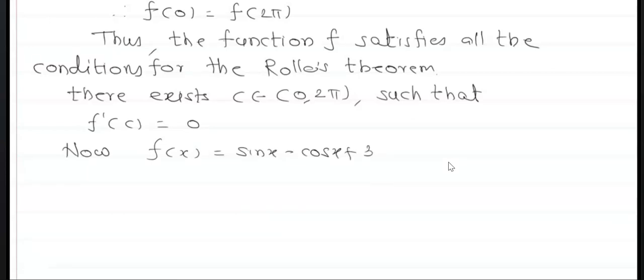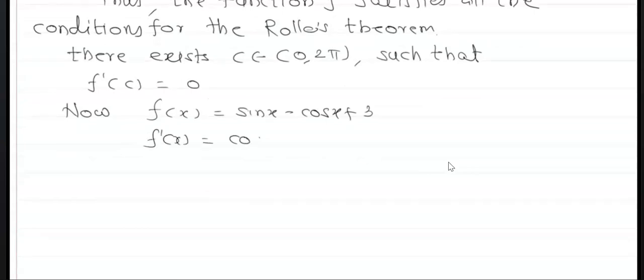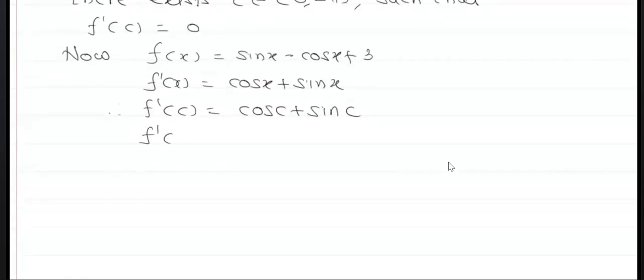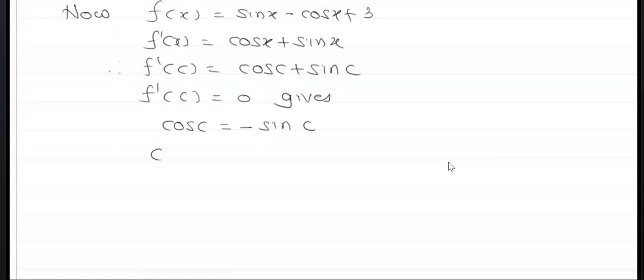Here f of x is equal to sin x minus cos x plus 3, and its derivative is cos x plus sin x. f dash of c is cos c plus sin c, and f dash of c equal to 0 gives sin c plus cos c equal to 0.